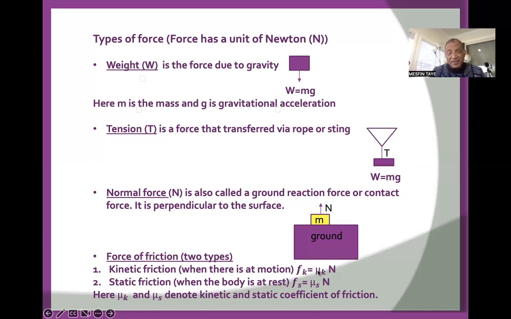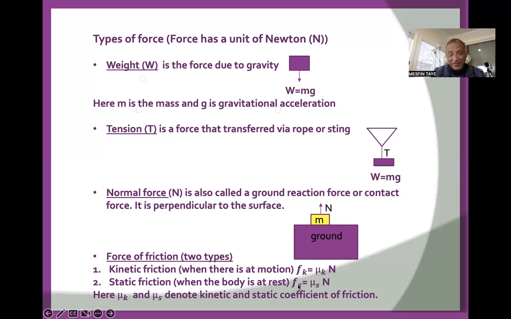It's given for engineering purposes. For example, mu k can be given, like it's known for cement, mu k is known. For wood, mu k is known, but it's a number from 0 to 1, and n is the normal force. Yes, you know how to calculate normal force. I'll show you. And we have also static friction. That's a friction when the bodies are at rest.